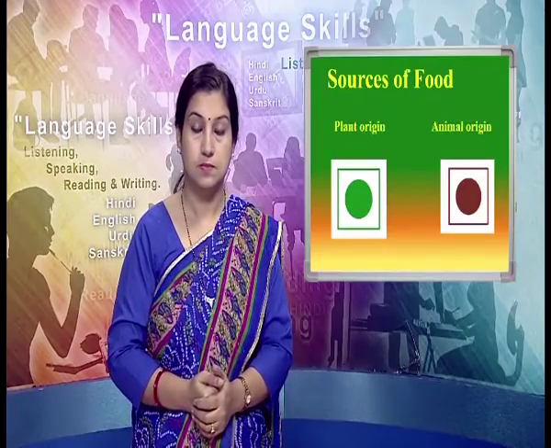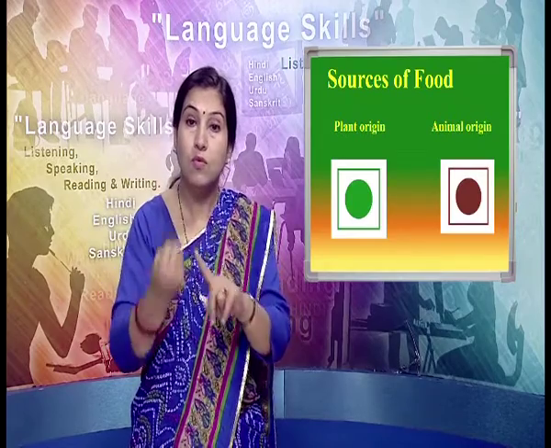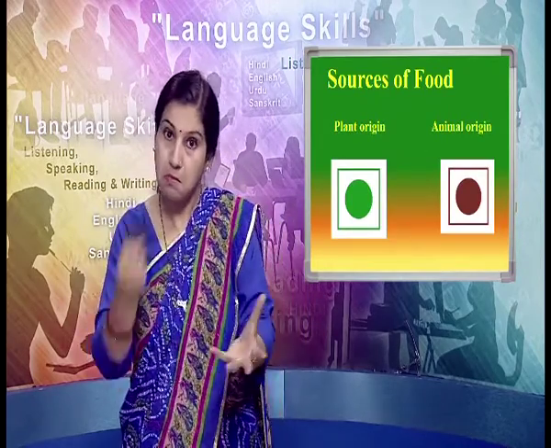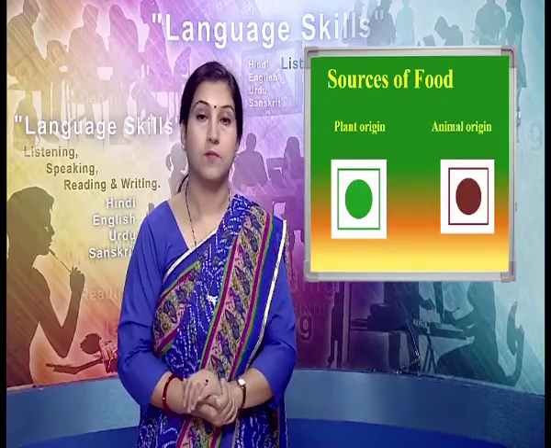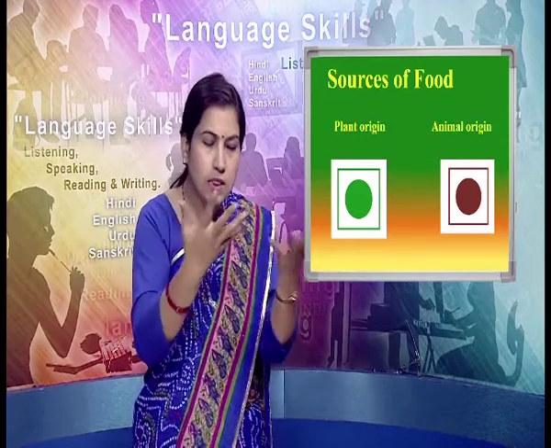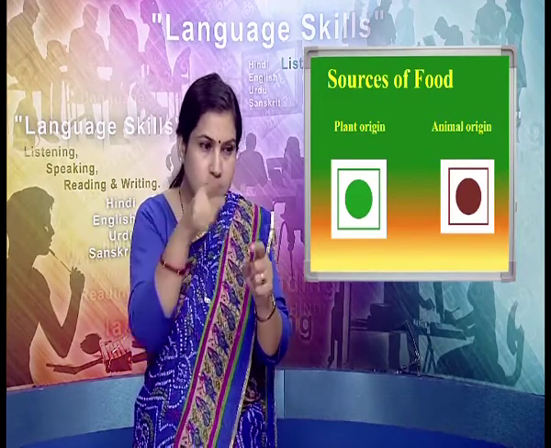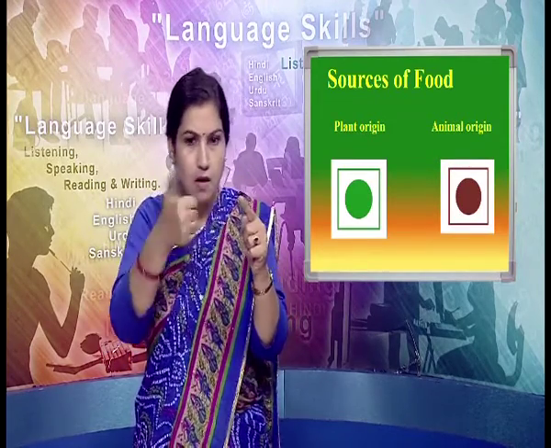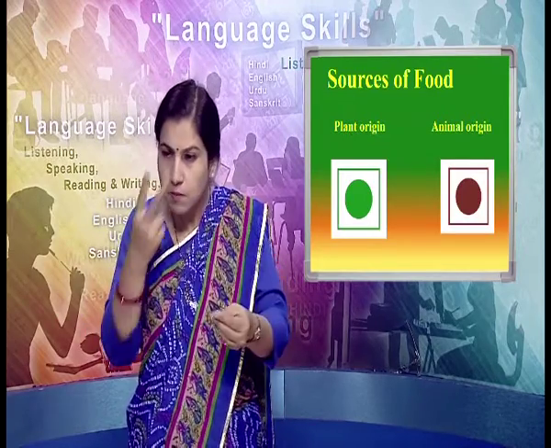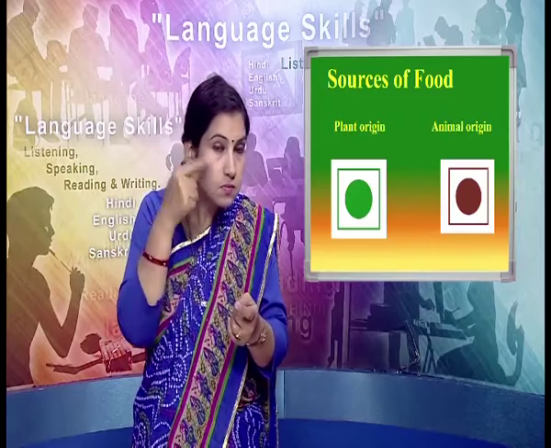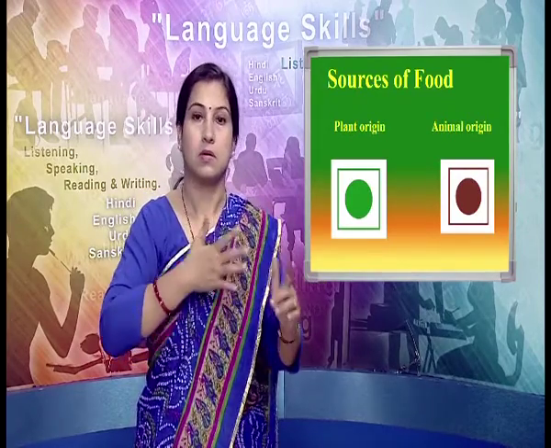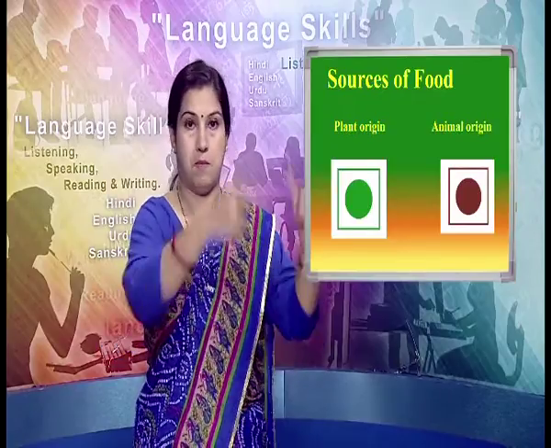Food is obtained from plant origin and animal origin. You must have seen two colors, two circles, which indicate the origin of the food. Green color means the food is obtained from plant origin.